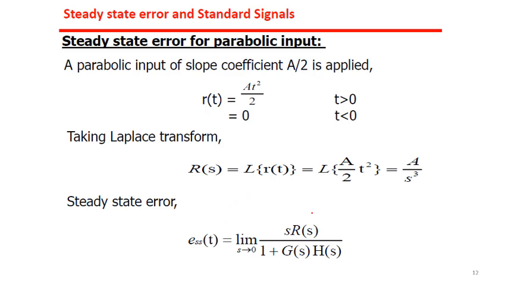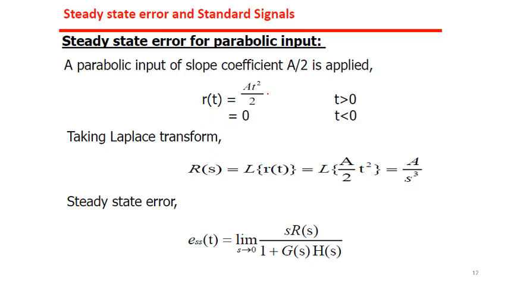Next, steady state error for a parabolic type of input. A parabolic input with a slope coefficient of A by 2 is applied, that is r of t is equal to A t square divided by 2 for all the values of t greater than 0, and it will be equal to 0 for t lesser than 0.